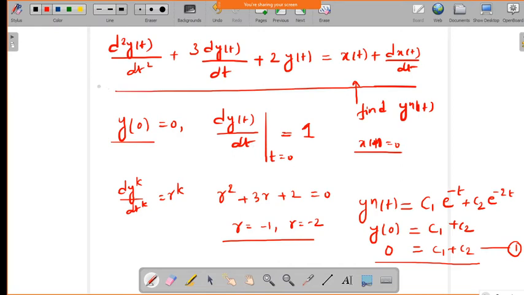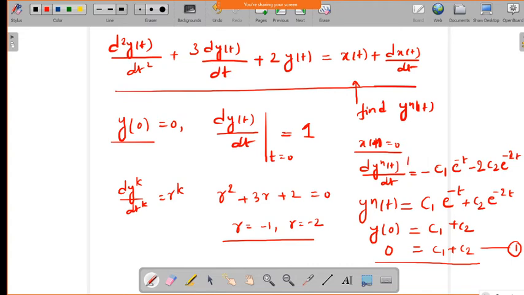So you will get dy by dt, which is equal to minus C1 e power minus t minus 2C2 e power minus 2t. If you differentiate it, you will get this equation.